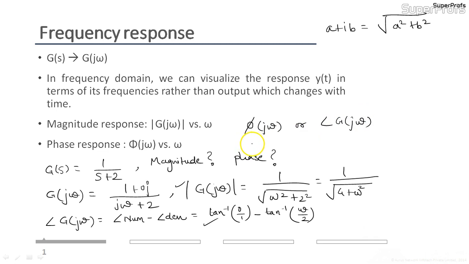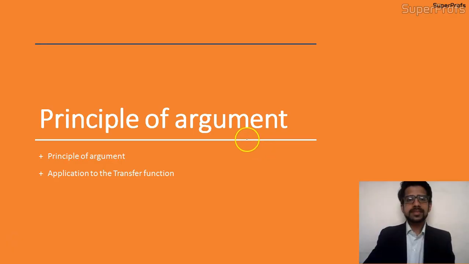We will go forward and see the principle of argument now. Principle of argument is a particular theorem in complex algebra. Nyquist, who is a control systems scientist, used this complex algebra theorem to determine the stability of a closed loop system.